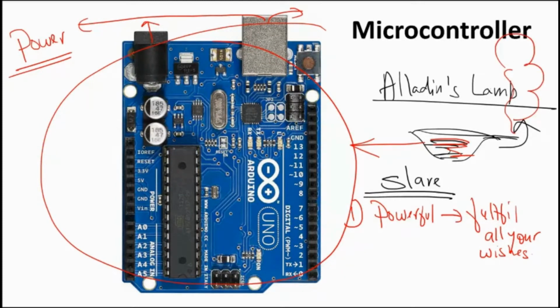So who is the genie of this board? Here is the genie. This genie is called a microcontroller. This microcontroller is the genie present inside this magic lamp. This genie will come out once you power this board.